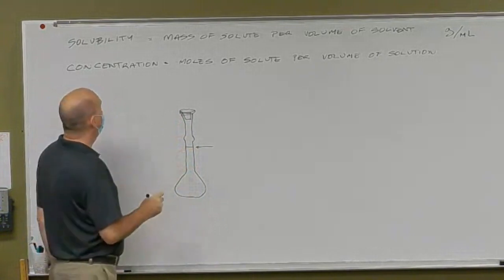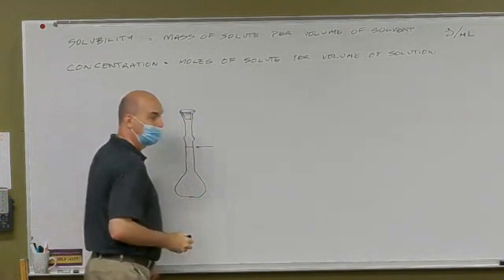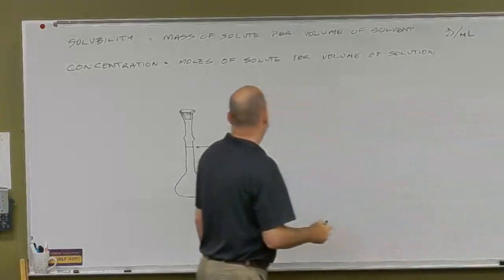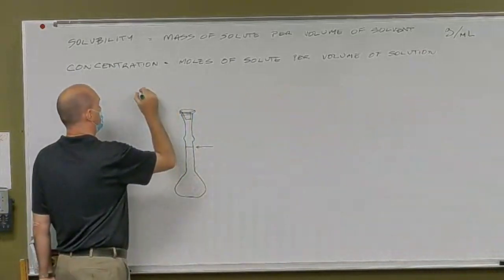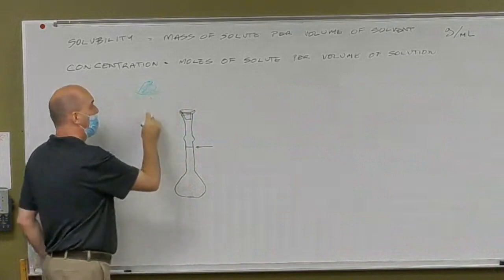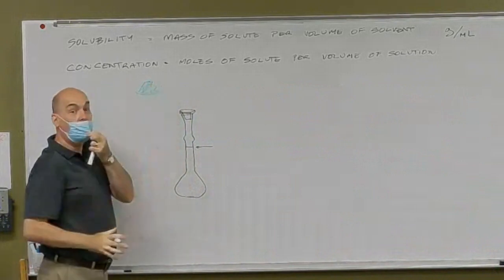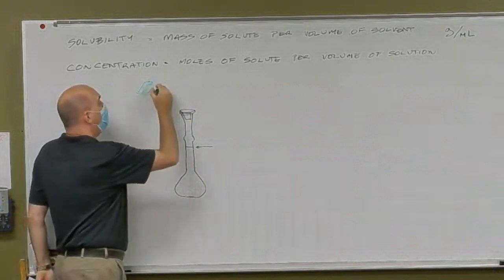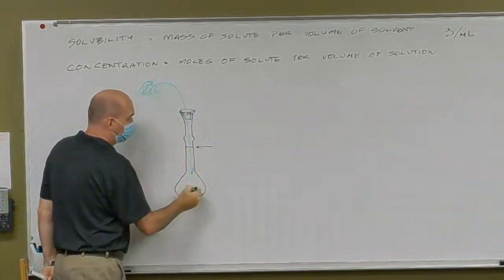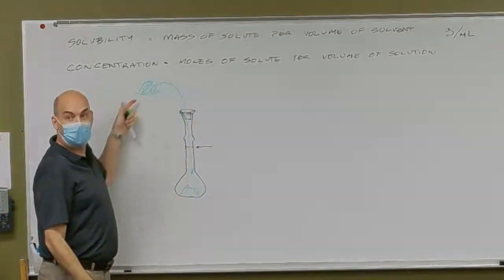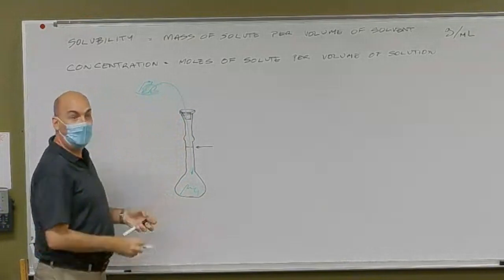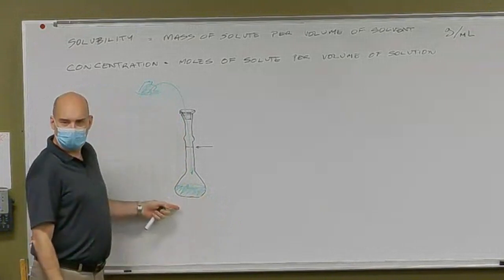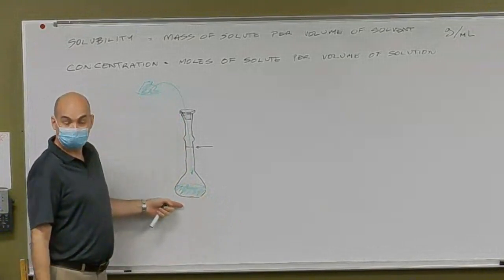Okay. So if I were to make a solution in this flask, what I would do is first weigh out a sample of it. And if I weighed out enough of it to be 1 mole of that material, then I would add it to the flask. So we start with the solid at the bottom of the flask. And then I would add enough water that I could dissolve it.